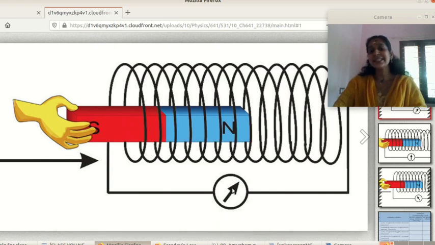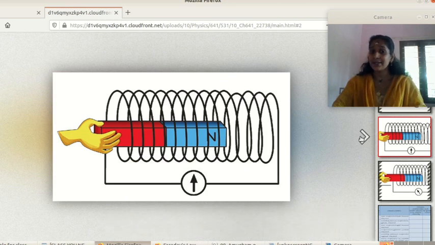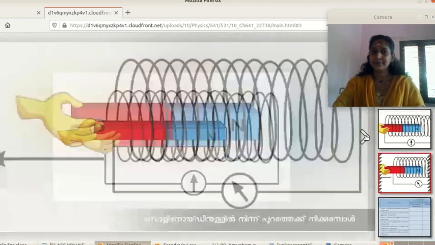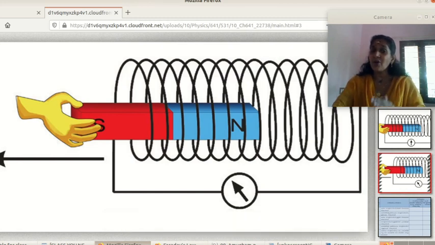The galvanometer needle shows deflection, isn't it? When it was steady, when the magnet was not moving inside the solenoid, there was no deflection. When the magnet was pulled out of the solenoid, that time also the galvanometer shows deflection. Okay?